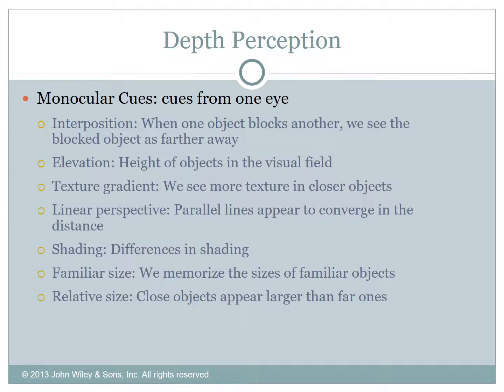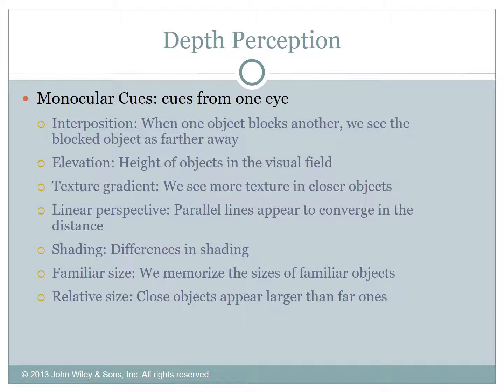When one object blocks your view of another object, you can see that the blocked object is further away. For instance, if you're looking at a teacher at the front of your classroom, and you can't see that teacher's legs because their desk is in the way, even if you only had one eye, you could then determine that the desk is closer to you than the teacher is because the desk blocks your view of the teacher.